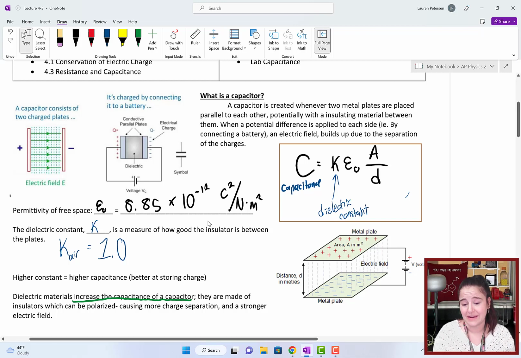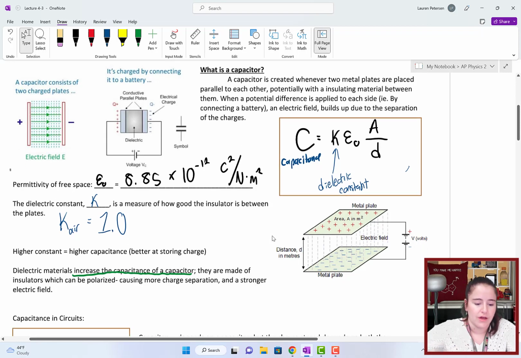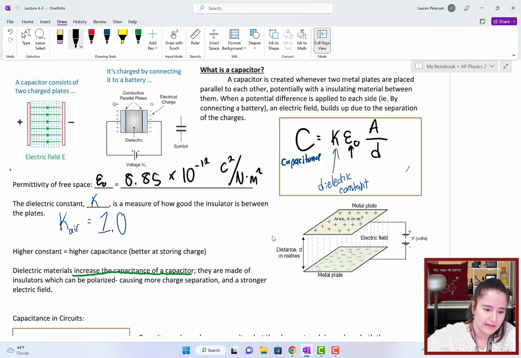Again, units are just kind of made up to make this equation work with our definition of capacitance. So that's epsilon naught, the permittivity of free space.